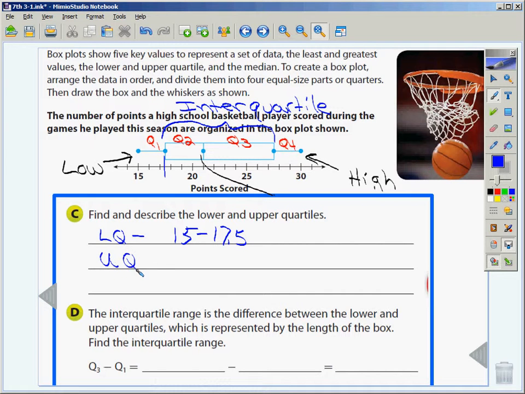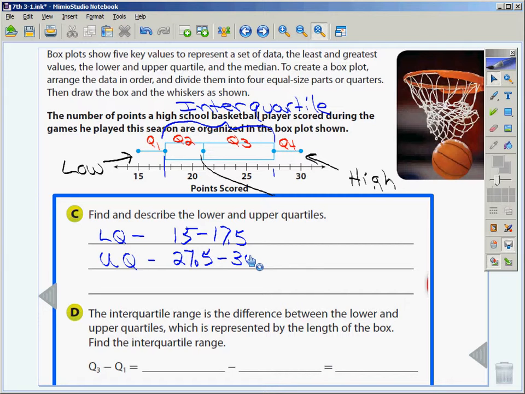What's the upper quartile? Where does it start? At about 27.5 and goes to what? 30. What's the range? About 2.5 again, isn't it?